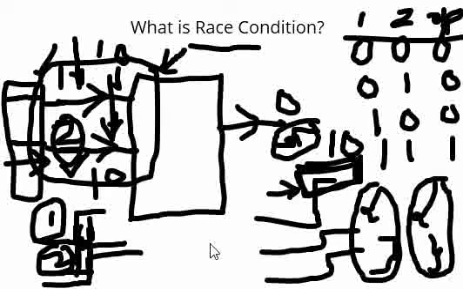Static race condition is very simple, where you have one signal and the same signal negated and provided to a particular chipset, which is causing a race condition. That is one more scenario.